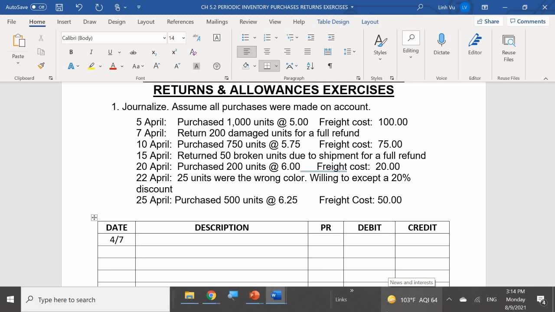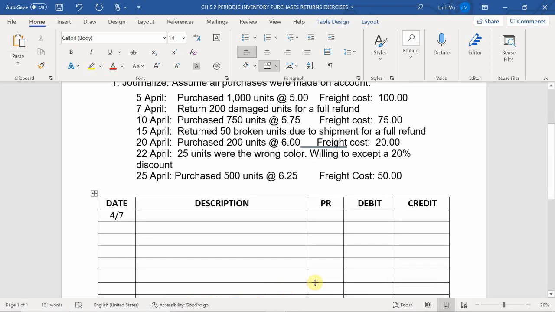Would our first one be the purchase expense of 1,000 units at $5 each? Purchase expense, so all that information is going to be in parentheses.